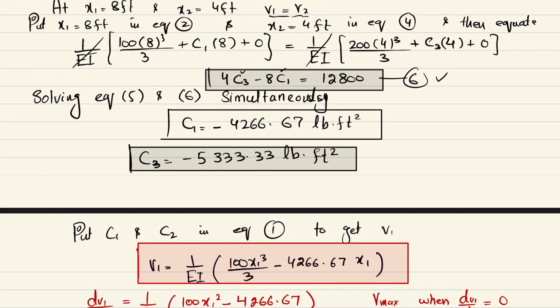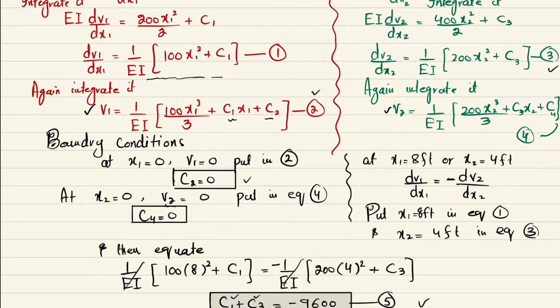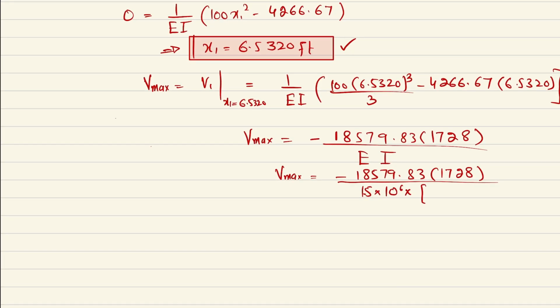I just remembered that this is a rectangular beam, 6 by 3, so you have a rectangular beam, this is 3 inch and this is 6 inch.